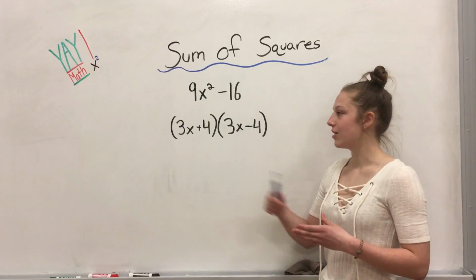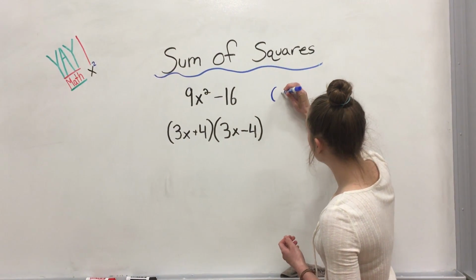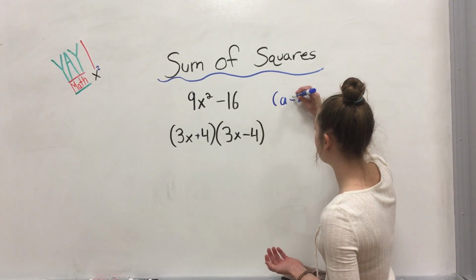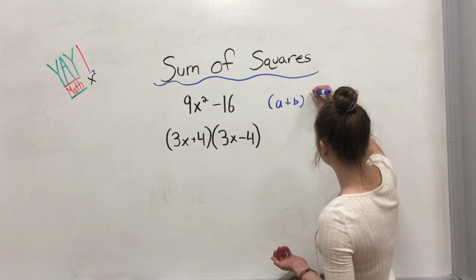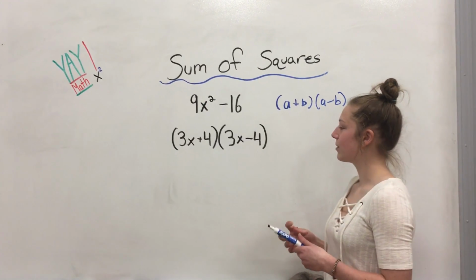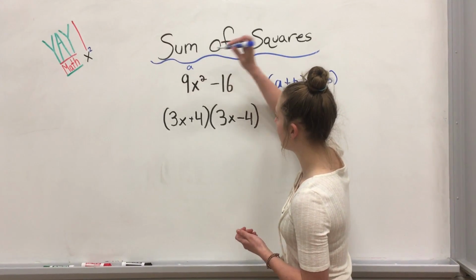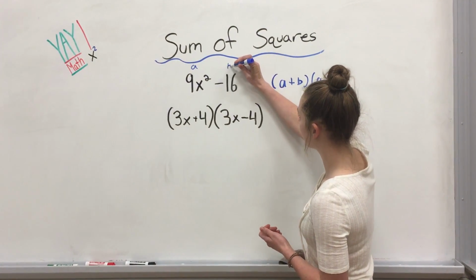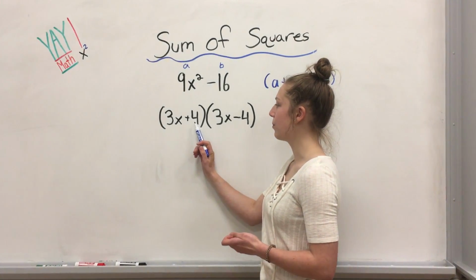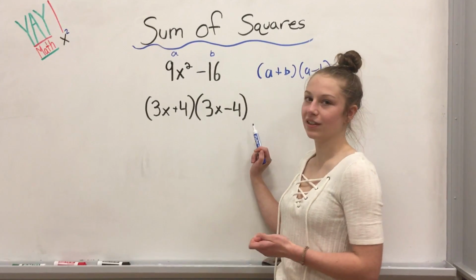To find the answer to this equation, you have to use a formula, which is a plus b, and then a minus b. So you just plug in a, which is 3x, and b, which is 4. So it'd be 3x plus 4, parenthesis, 3x minus 4, parenthesis.